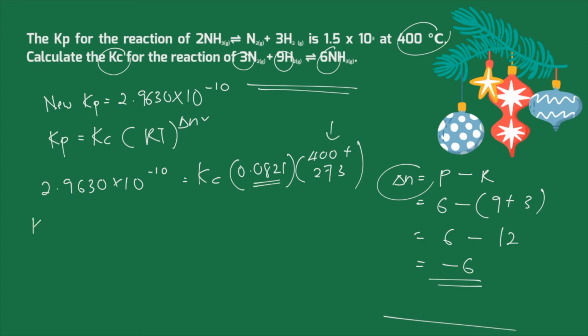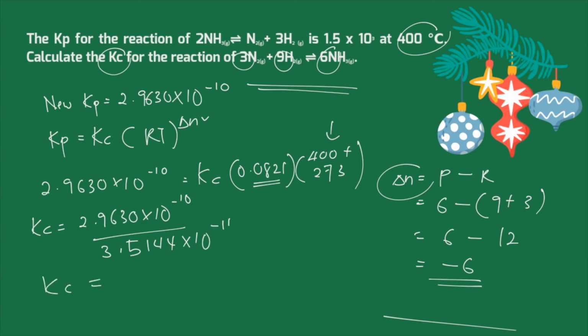So you should get Kc equivalent to 2.9630 times 10 to the power of negative 10 divided by 3.5144 times 10 to the power of negative 11. So your Kc is equivalent to 8.4310. This is the final answer for the third question.